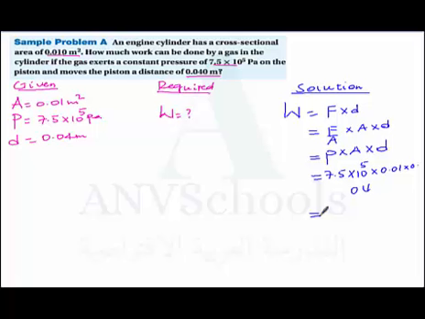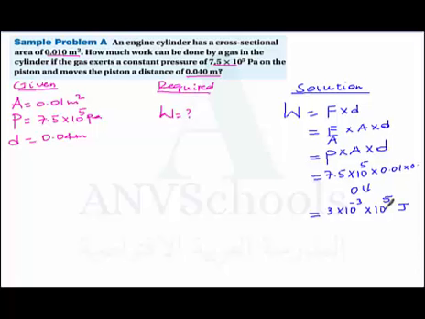So let's multiply all this. Let's use a calculator to find the product of these numbers: 7.5 multiplied by 0.01 multiplied by 0.04 is equal to 3 multiplied by 10 to the power negative 3, multiplied by 10 to the power 5.